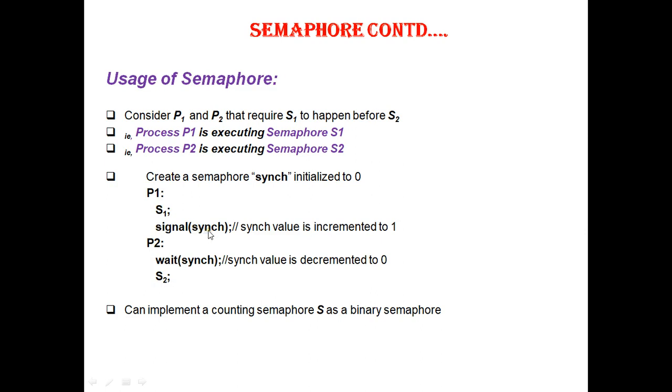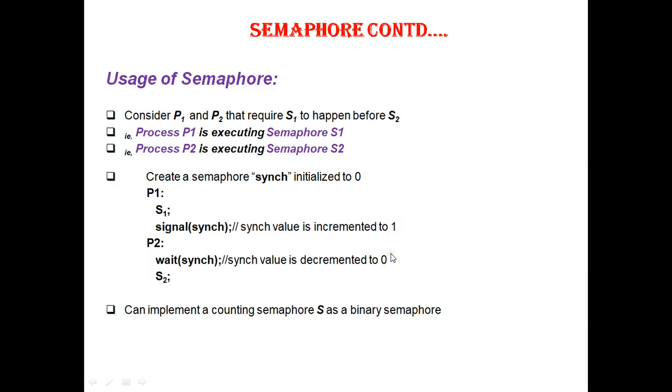With the help of the synchronization variable, S1 gives a signal that the value is incremented to 1, an increment operation with the signal operation, and a decrement operation with the wait operation. So P1 and P2 can execute S1 and S2 only if the value of synchronization lies between 0 and 1.